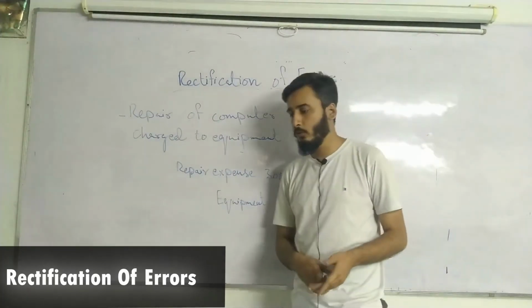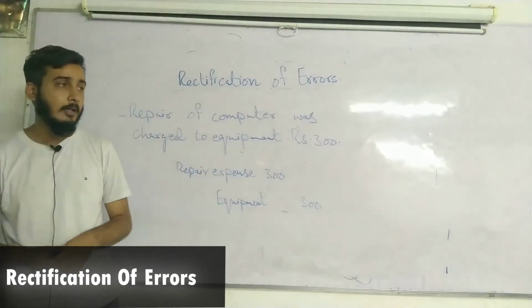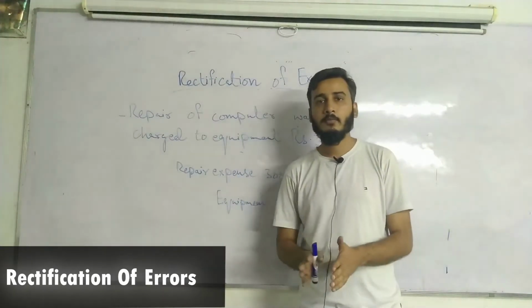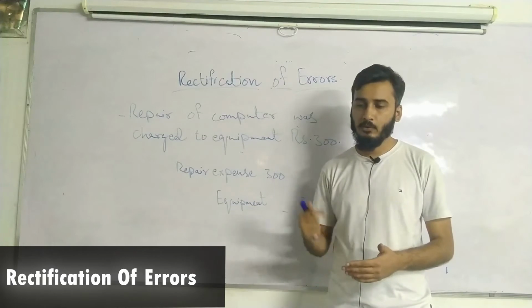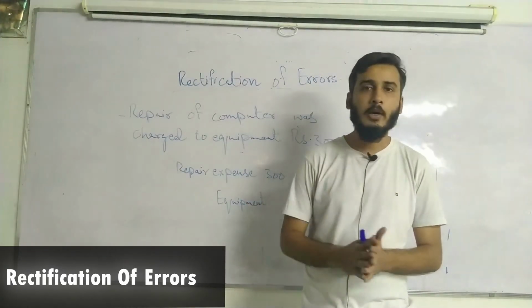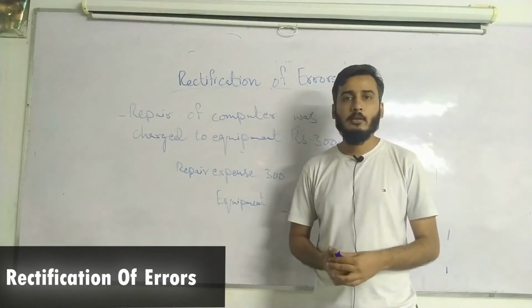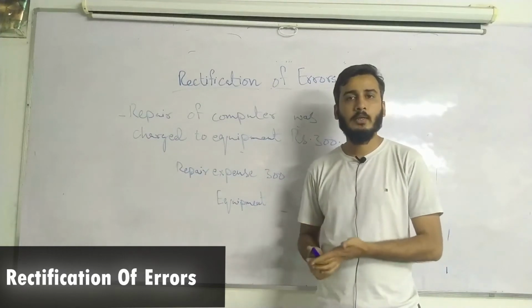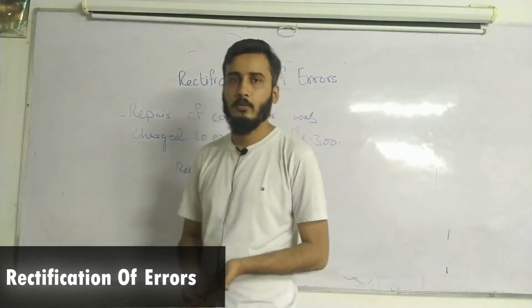In the original entry, equipment was debited and cash was credited. Now to rectify this, I have to credit the equipment account which I debited in the past, and the account which had to be debited, I will debit as repair expense. So repair expense debit and equipment account credit by 300.